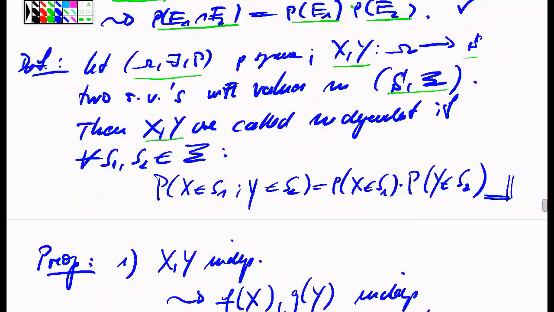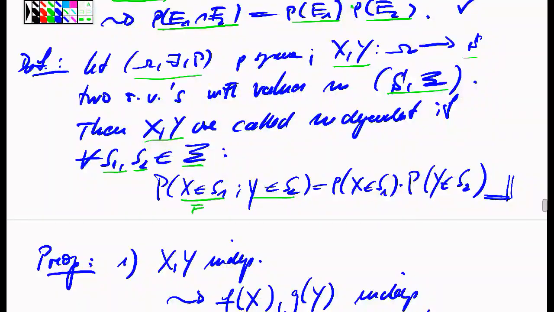Then we call X and Y independent if all possible pairs of pre-image sets are independent in the sense of the previous definition. Namely, if for all pairs of target sets in the sigma field Sigma, the corresponding pre-image sets, which are events, are independent.